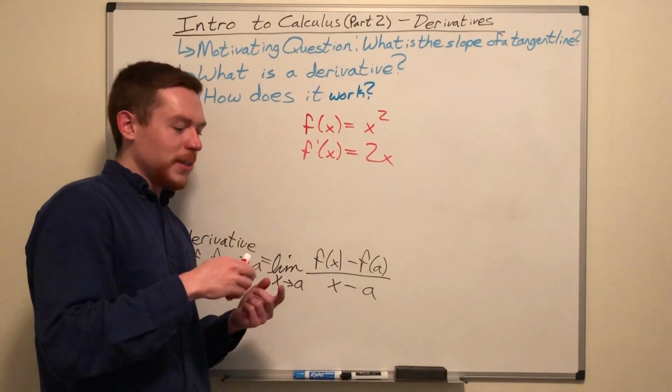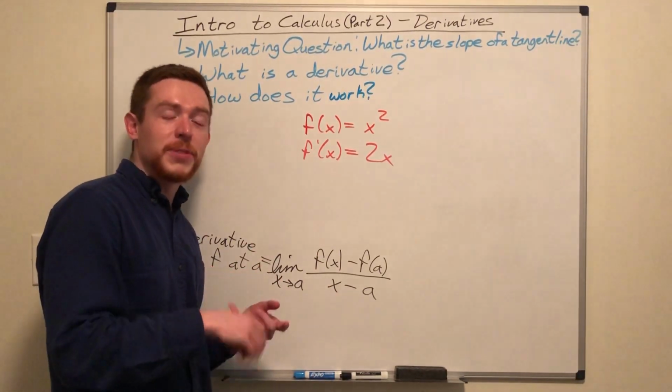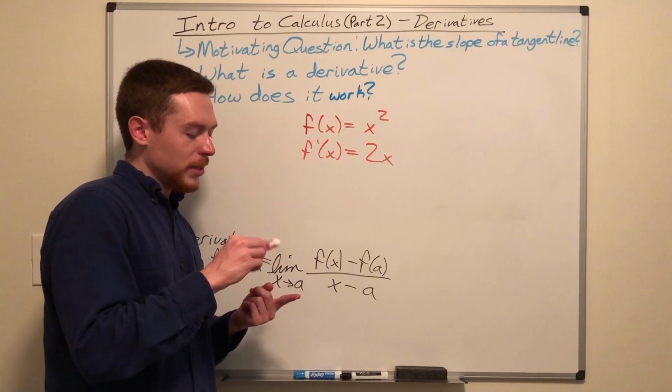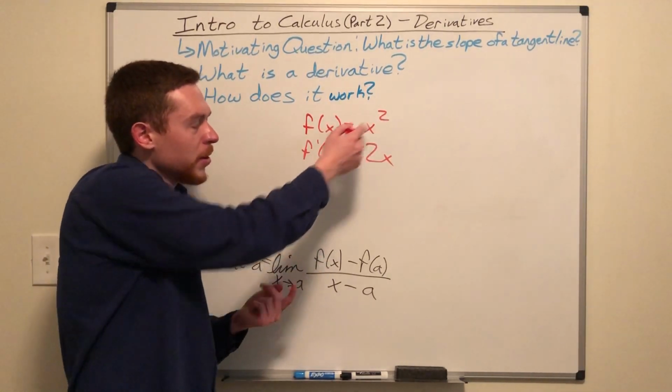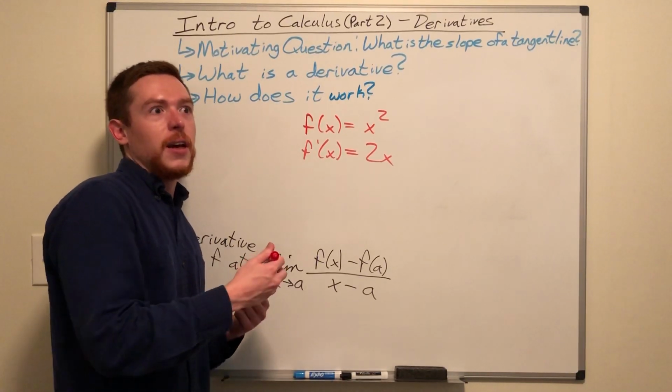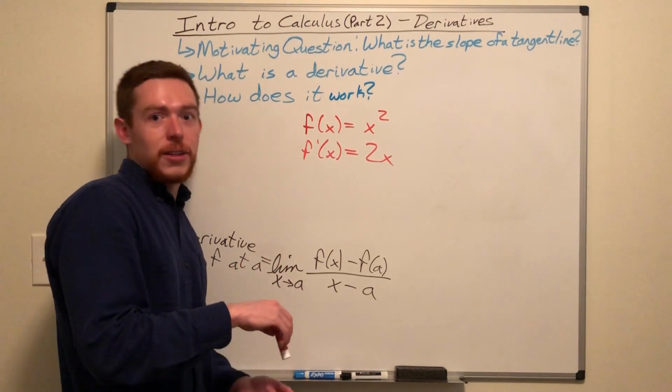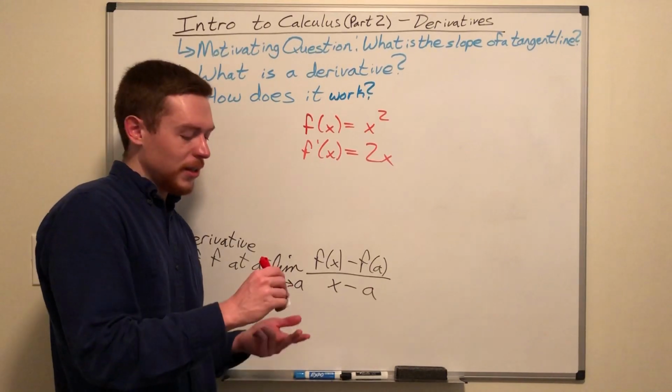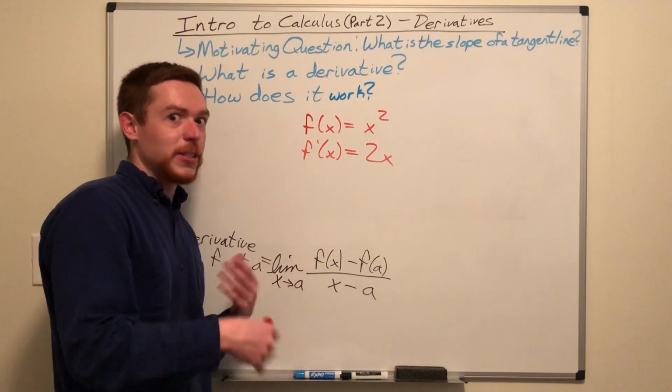And there are rules to handle just about every conceivable type of situation, whether it's a power, an exponential function, a logarithmic function, a trigonometric function, two functions multiplied together, two functions divided by each other, a function inside of a function.